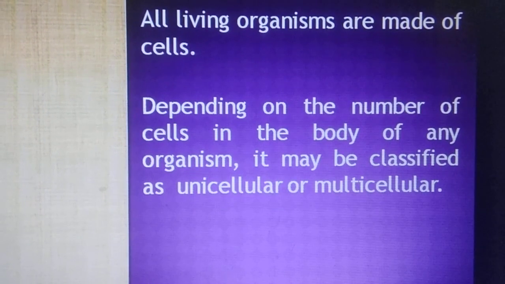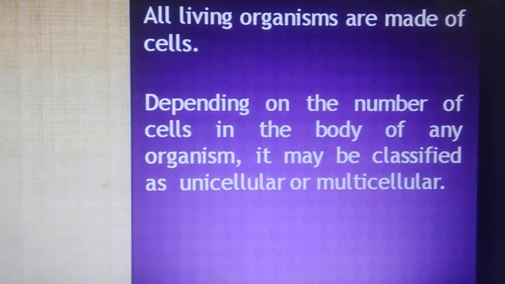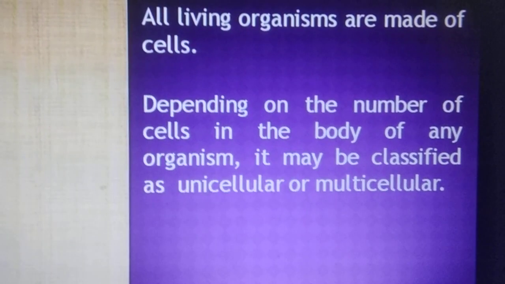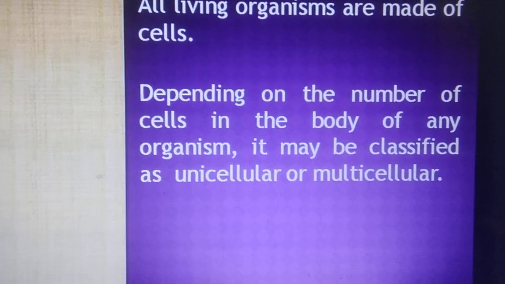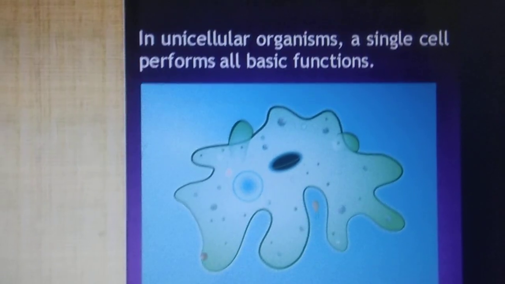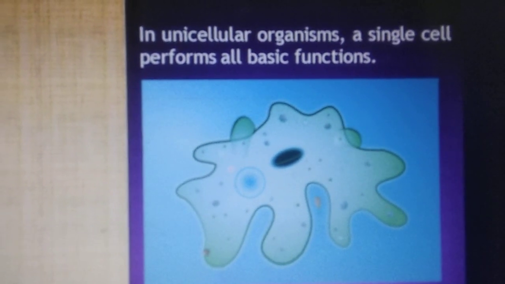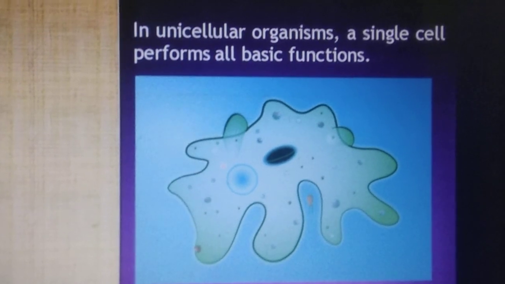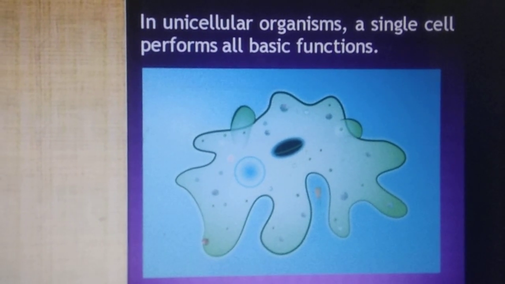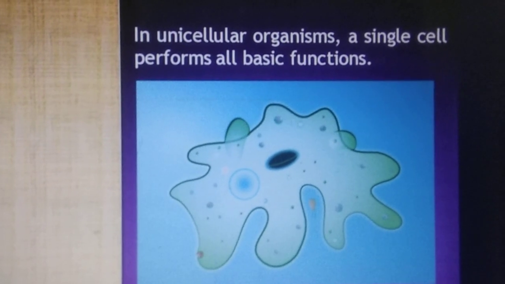We also read that depending on the number of cells in the body of any organism, it may be classified as unicellular or multicellular. Unicellular means that the body is made up of a single cell, and the single cell performs all the basic functions of that organism, like intake of food.